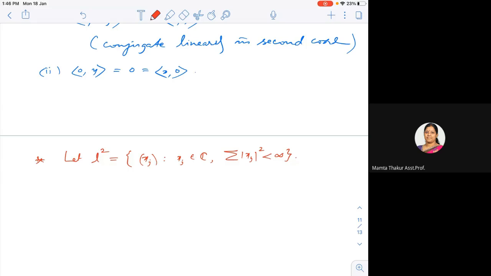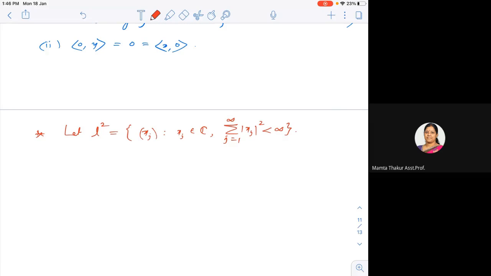So what do they mean? They mean that it's nothing but a collection of all complex sequences with this property, j is equal to 1 to infinity. This is called a square summable series. Some people call this one a square summable series. So this is L square.